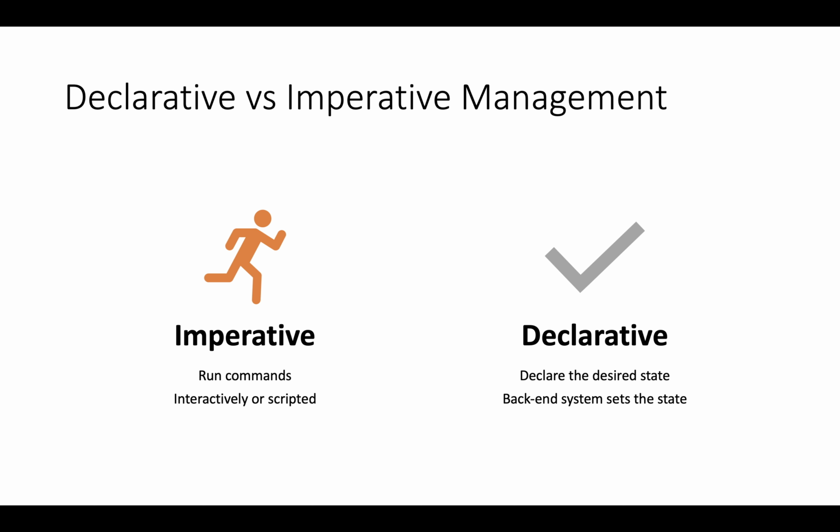That means that with Kubernetes, it's the ideal system to work declaratively versus imperatively. And what does that mean? With imperative management, it's clear you run commands either yourself interactively or scripted. You create a bash script or other kinds of scripts, and then you run them yourself, or you let them be run by another external system. Or you have a declarative state. You declare the desired state, and a backend system sets the state.